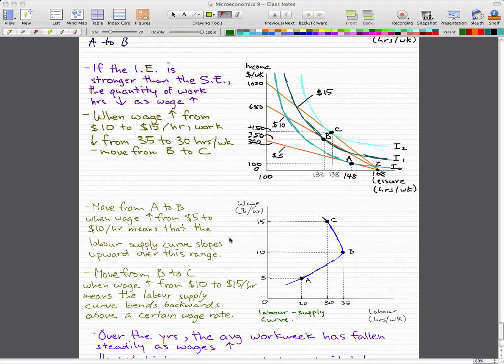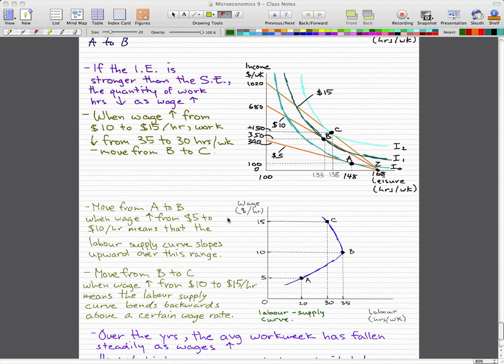Now, the move from B to C, when we got a raise from $10 to $15 an hour, means that the labor supply curve will bend backward above a certain wage rate. When we were working for a wage of $10 an hour, our labor hours were 35 hours a week. But when our wage again increased to $15 an hour, our labor hours were 30 hours per week.